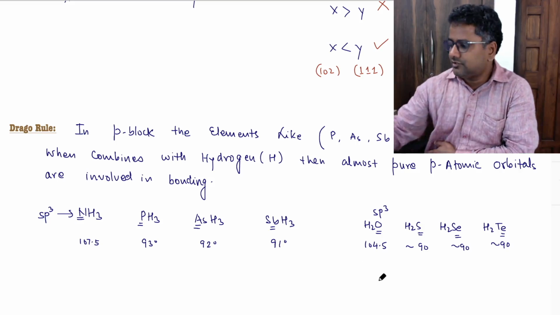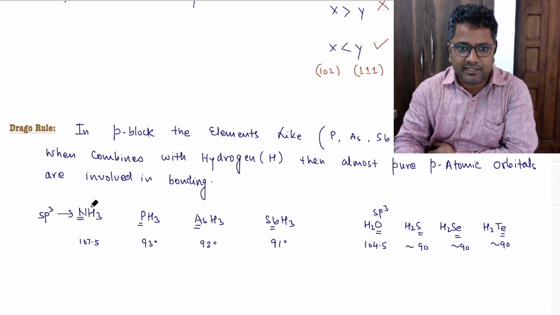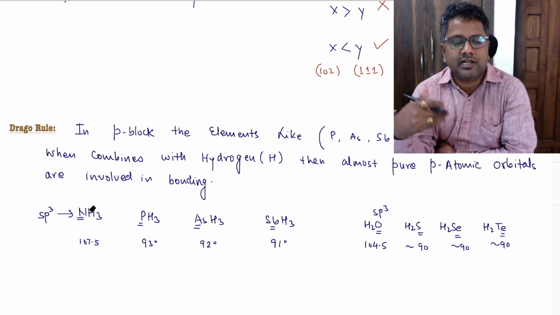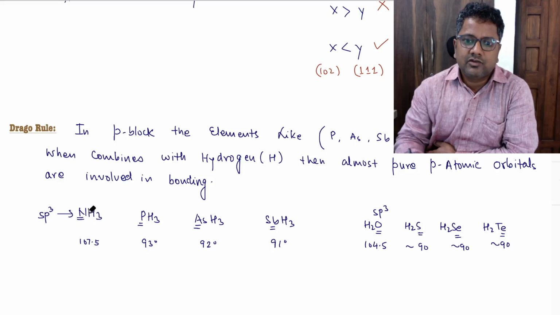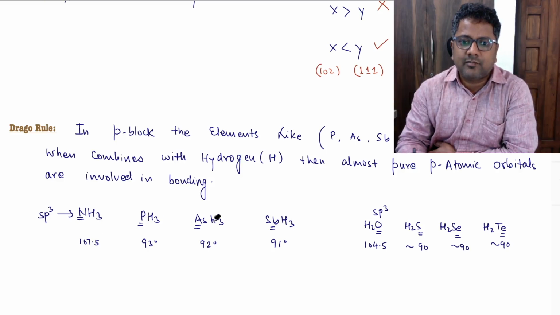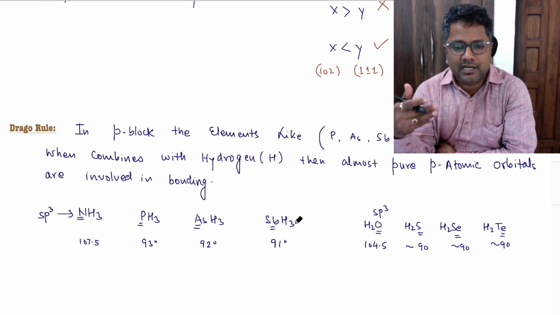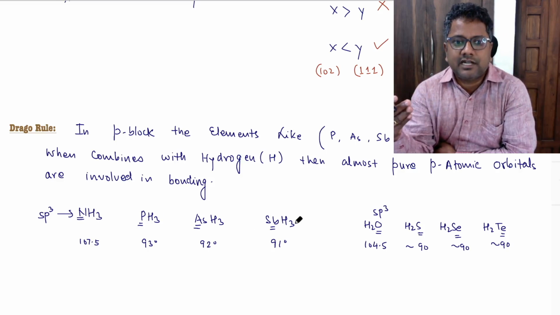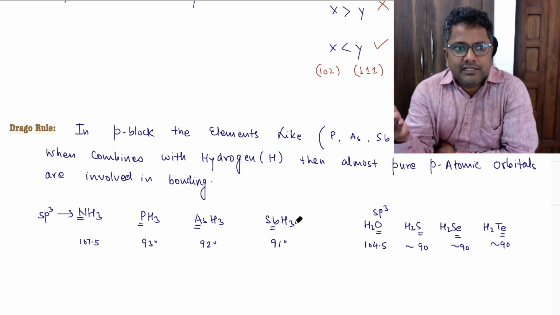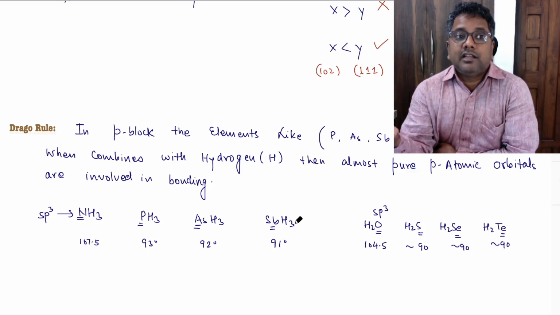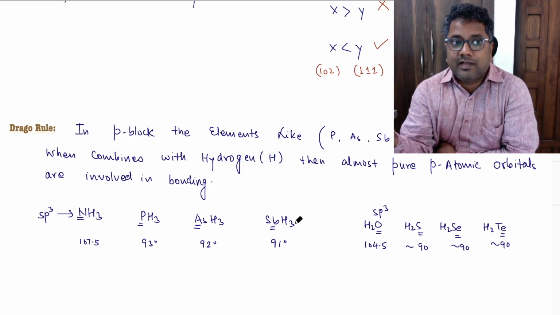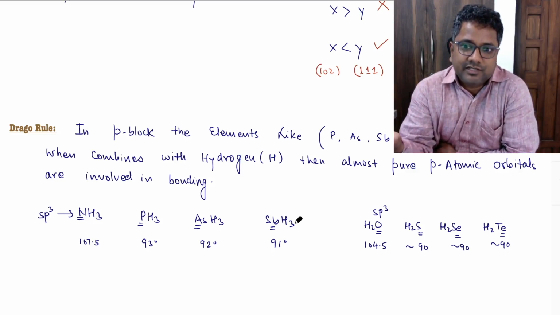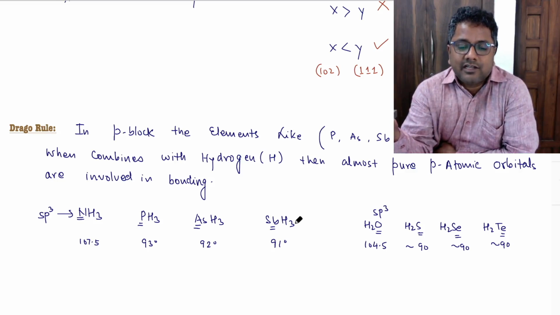Now see, the thermal stability of these hydrides also decreases down the group. Why? Because the hybrid orbitals always form a stronger bond. So as you move from top to bottom, the thermal stability of these hydrides decreases. If thermal stability decreases, then reducing power increases, because if they provide hydrogen, obviously hydrogen is a reducing agent, so the reducing character increases.